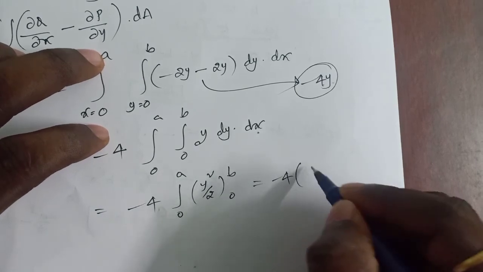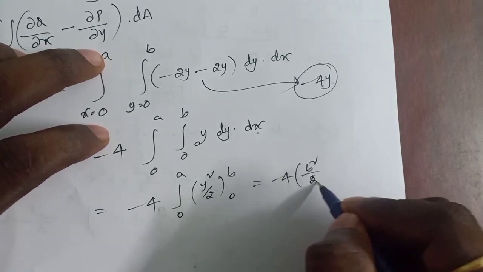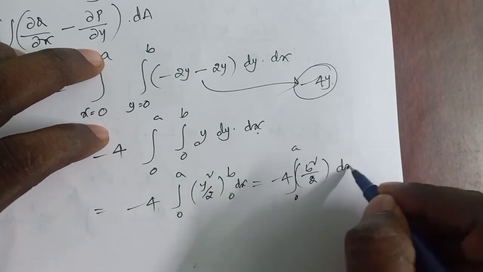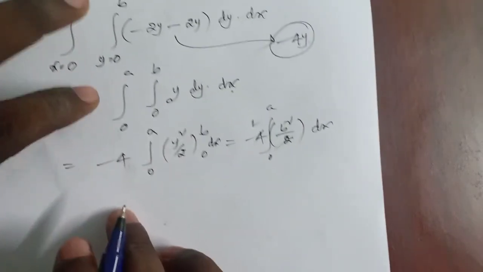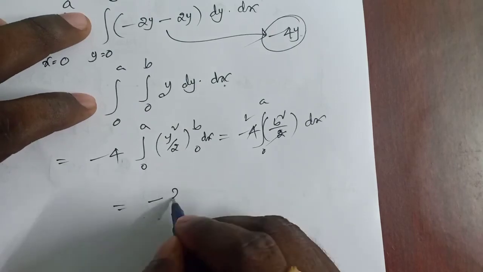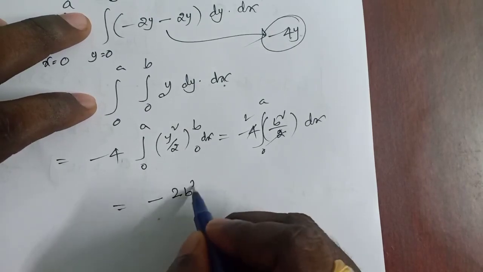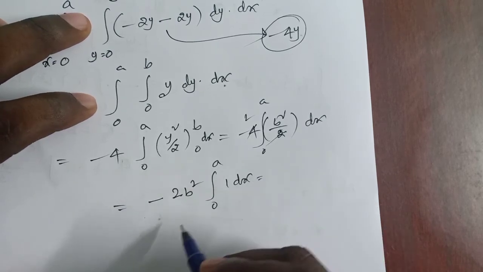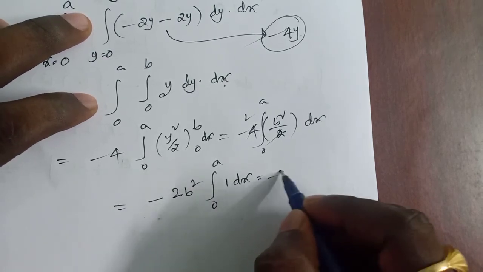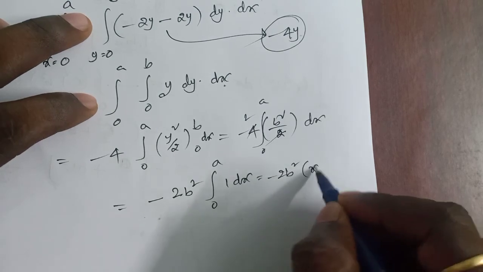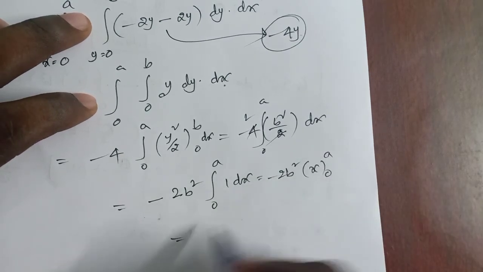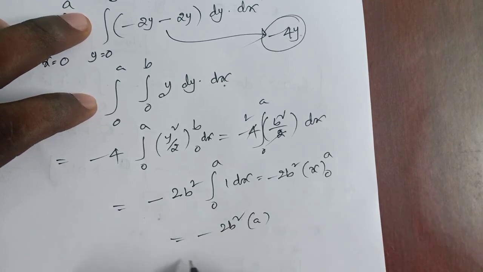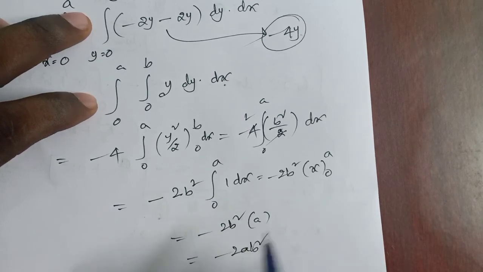Minus 4 b square by 2, integration from 0 to A of dx. The 2s cancel, so minus 2 b square, which is also a constant, integration from 0 to A of 1 dx. Integration of 1 is x, so minus 2b square x, with boundaries 0 to A. Now substitute the boundaries: minus 2b square, for x it is A, so minus 2ab square.